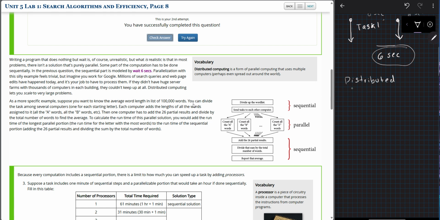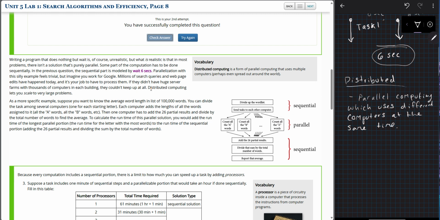This is the same as parallelism, but it's a kind of parallel computing that uses different computers at the same time.